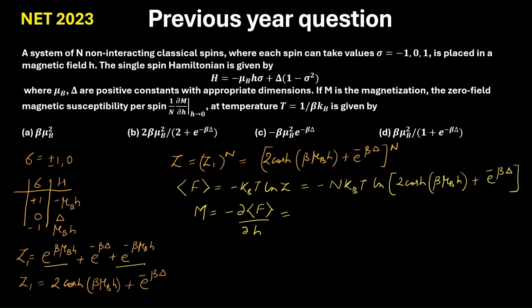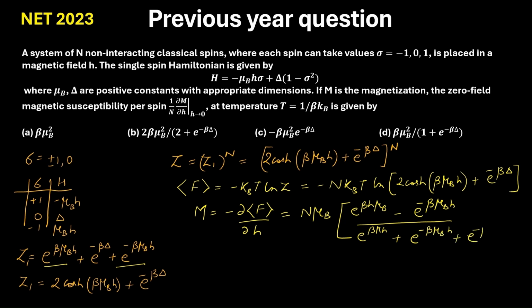You'll get an expression N mu_B into [e to the power beta H mu_B minus e to the power minus beta mu_B H] divided by [e to the power beta mu_B H plus e to the power minus beta mu_B H plus e to the power minus beta delta]. So you'll get a term like this.